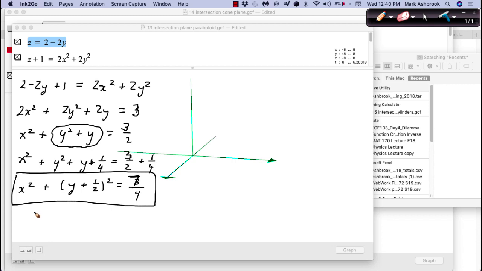So this one's a little bit easier to parameterize. I can just say x equals cosine t. Oh, I can't do that. Gotta divide by 7/4. If I'm going to use the sine squared plus cosine squared equals 1, I've got to get a 1 on the right before I can do that.